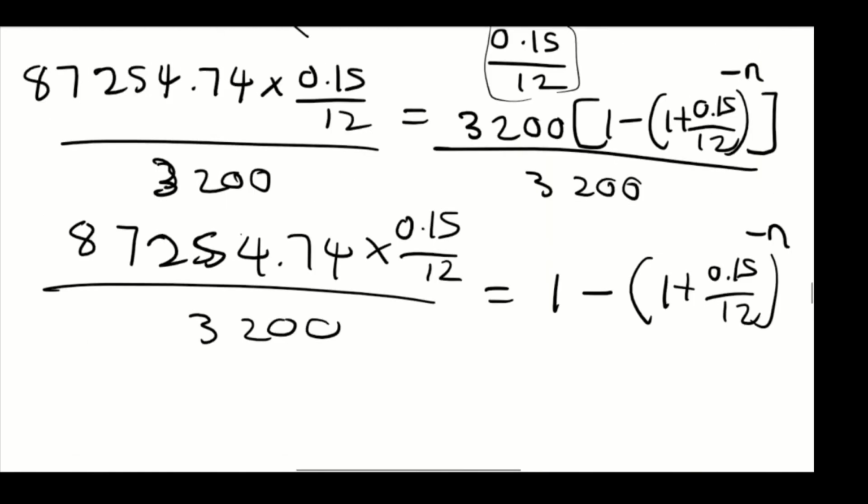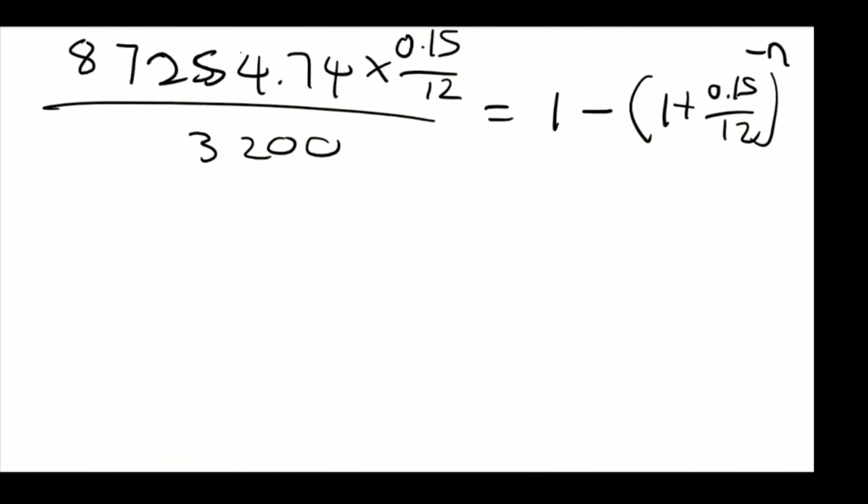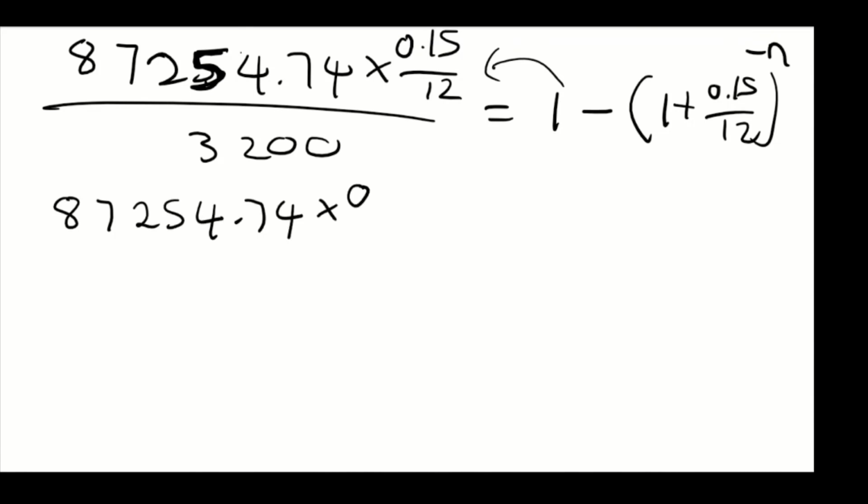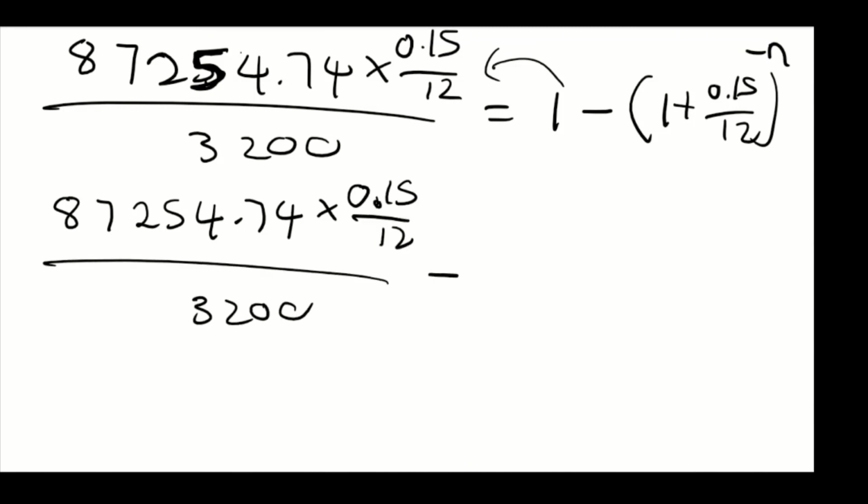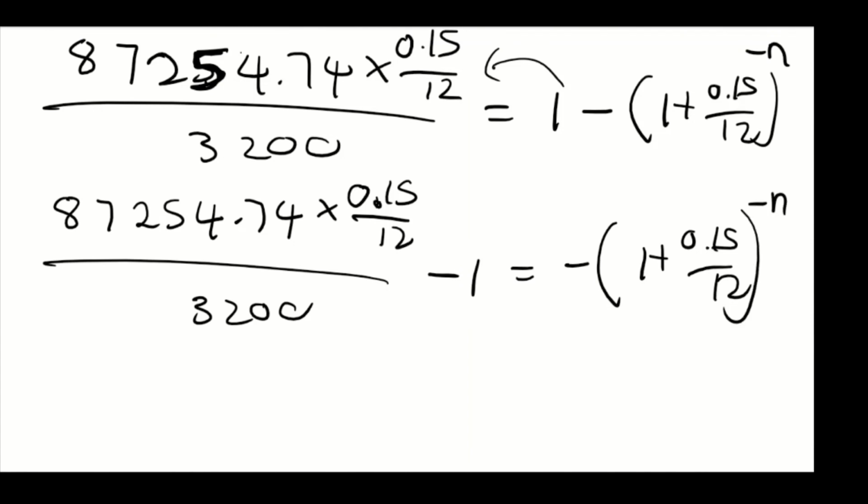So what we'll do from here is, this is 5, just so you know, and we're going to transpose this one to the other side. So it's going to be 87254.74 times 0.15 over 12 divided by 3200 minus 1 equals minus 1 plus 0.15 over 12 to the power of minus n, right?